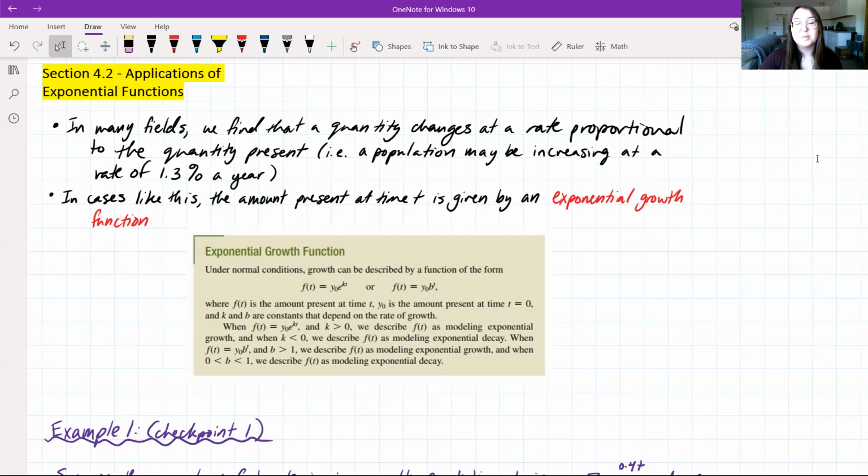And when b is between 0 and 1, we describe f of t as modeling exponential decay. So these are just two different functions that we use to model exponential growth and exponential decay. In our case, we'll usually be told which one to use and when, or it'll be extremely obvious which one to use and when.